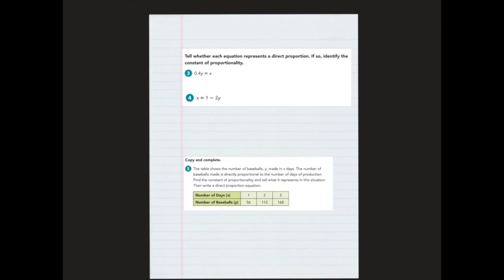And lastly, you have these three problems. You're asked to see if number 3 and number 4 represent a direct proportion equation. Some of that's just y equals kx, where you can't have any addition or subtraction. And then in number 5, you're asked to state what the constant of proportionality is.